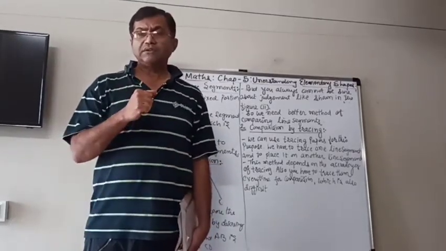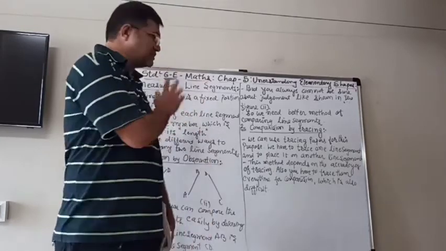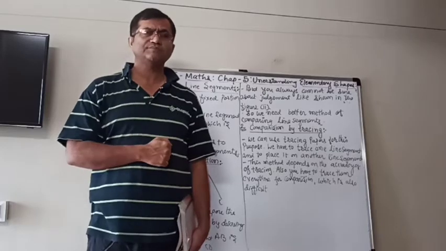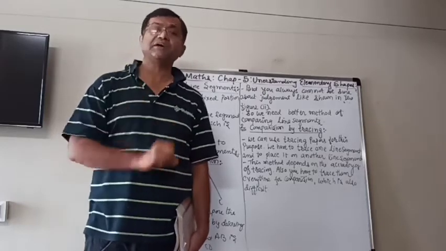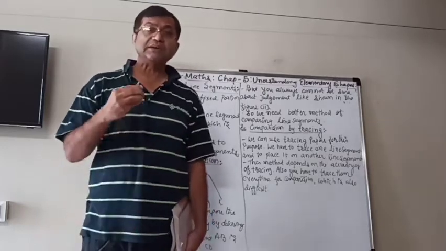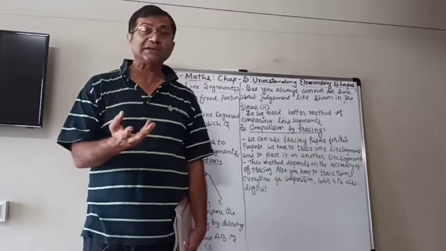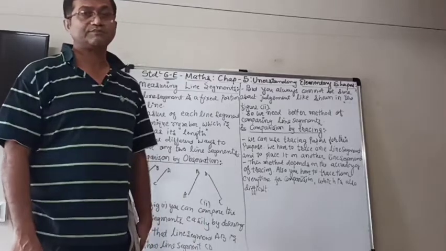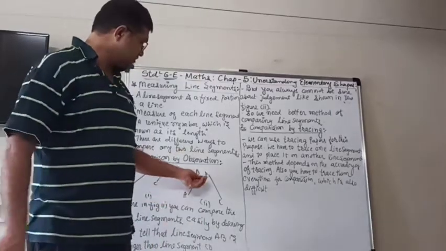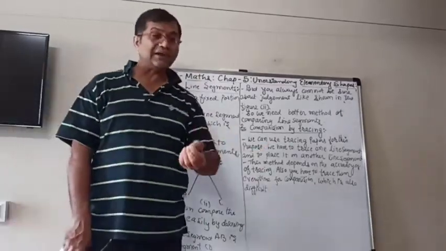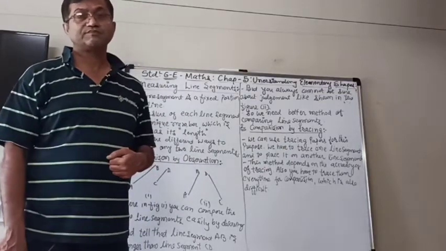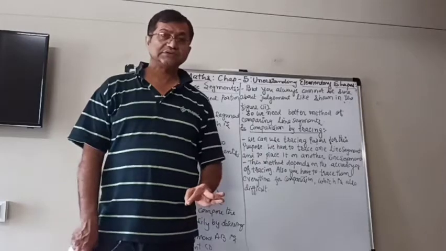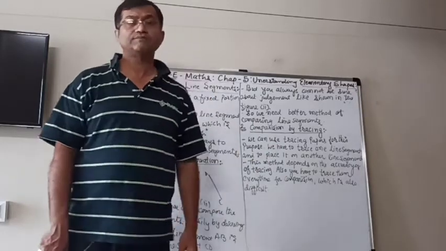Now, this method is better than comparison by observation, but in this situation also there will be difficulties. It depends how accurately you trace that line segment. Maybe the tracing is a little extra or a little less, and then when you compare, there is a chance of getting it wrong.